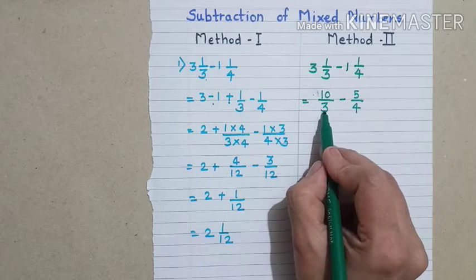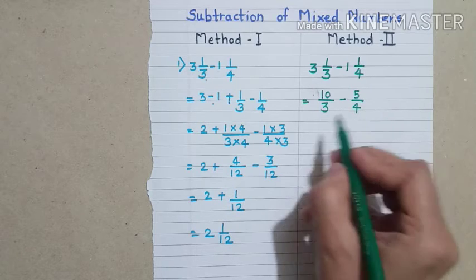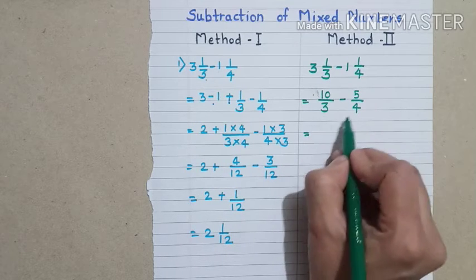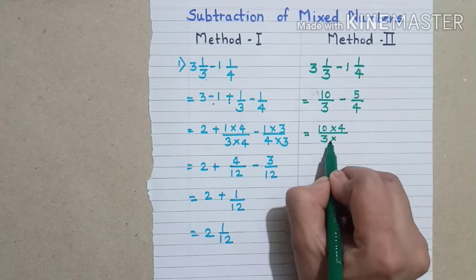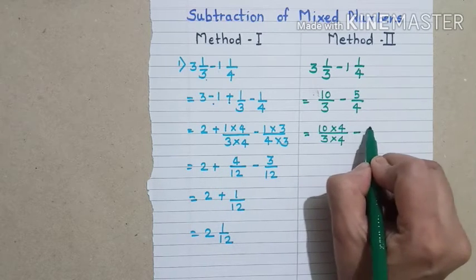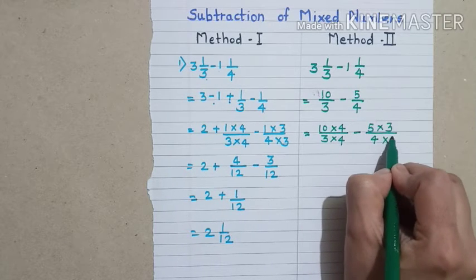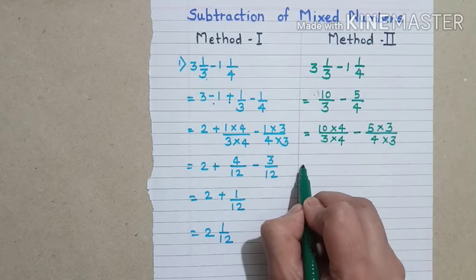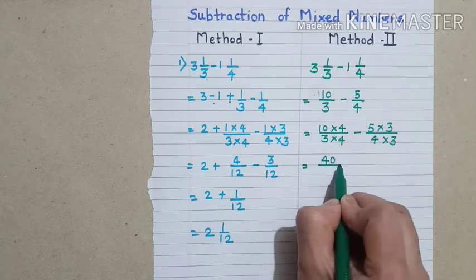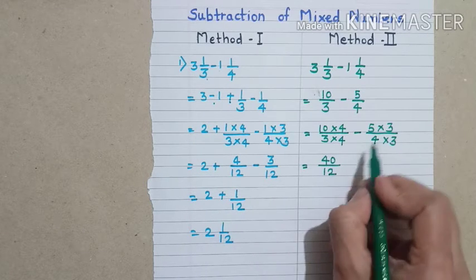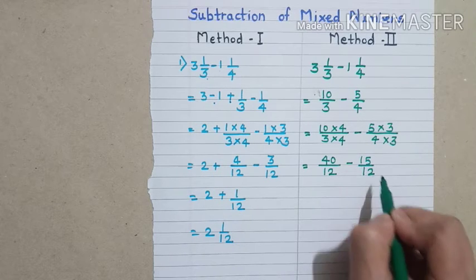Again, here are unlike fractions. So make them like fractions by cross multiplication. So 10 into 4 upon 3 into 4 minus 5 into 3 upon 4 into 3, which is equal to 10 into 4, 40 upon 3 into 4, 12, 5 into 3, 15 upon 12.